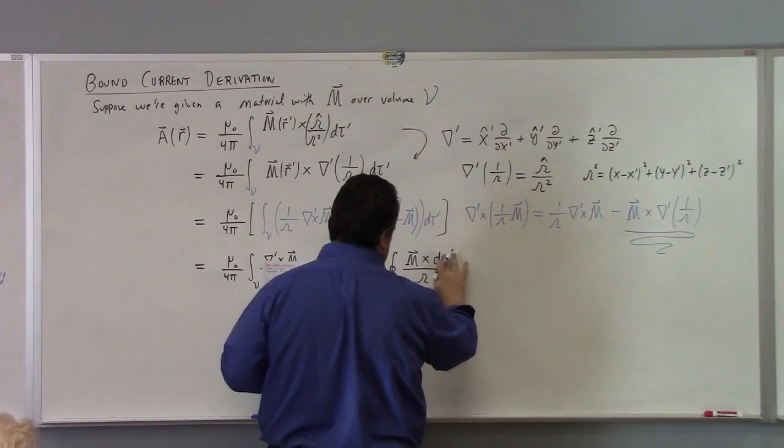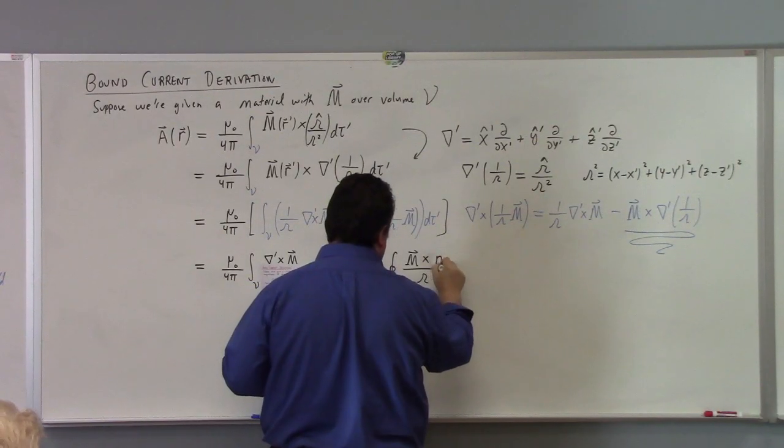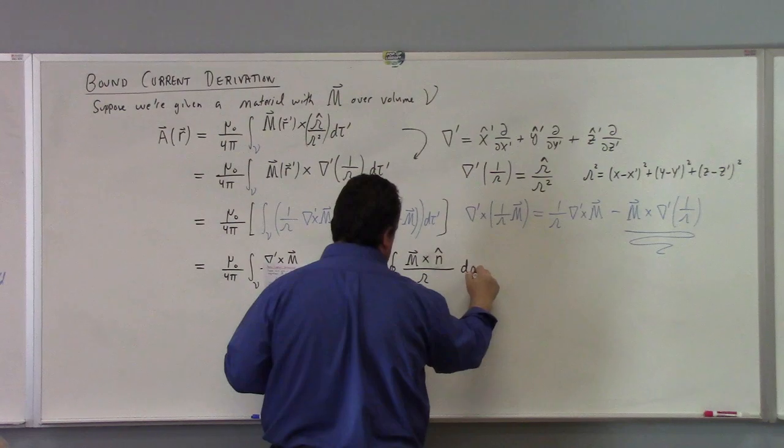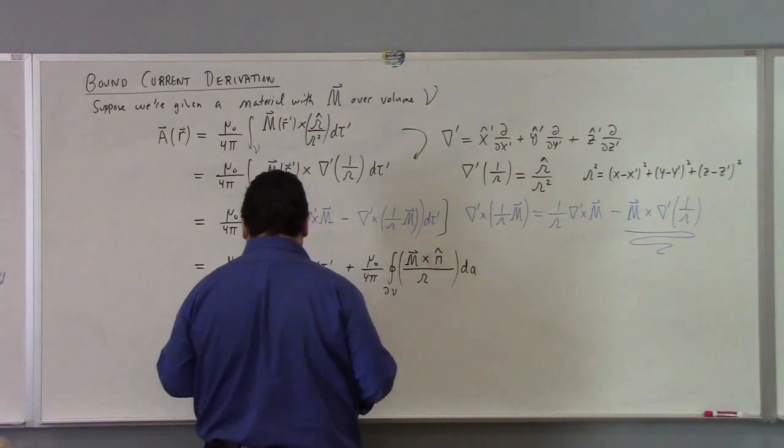Or maybe it's even better to write it this way. This is M cross n hat times dA. We could write it like that.